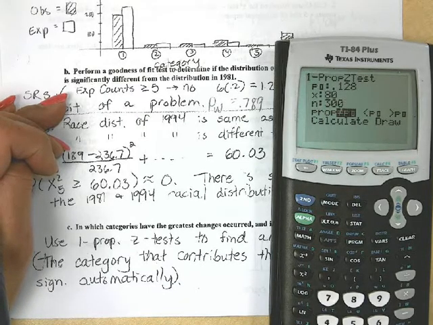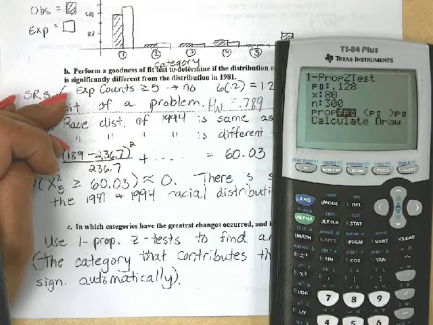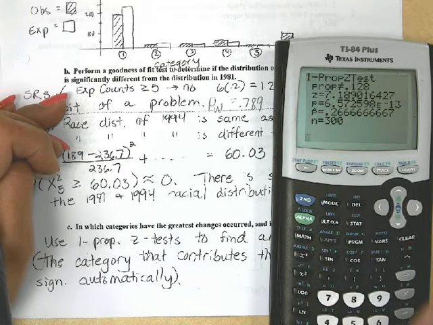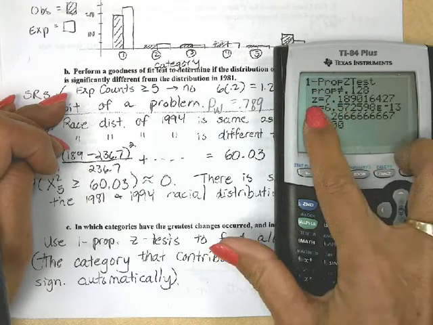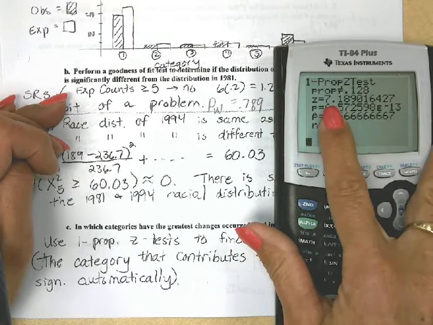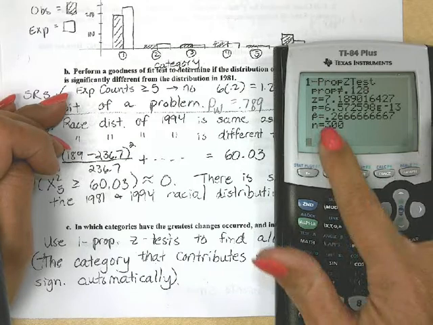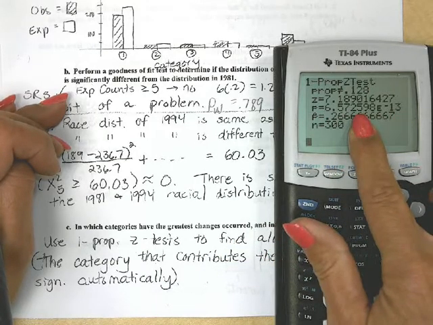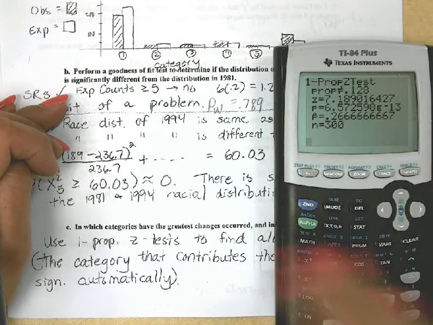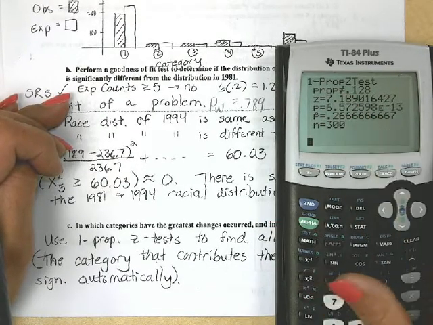And I'm doing a not equal to just to find out if there's a difference. And I calculate. I find that the test statistic would be a huge z-value of 7.7. The p-value, or the area above that, is going to be teeny tiny. And that's both tails, because this would be a two-tailed test with that not equal to. And so we would definitely have evidence against the null.